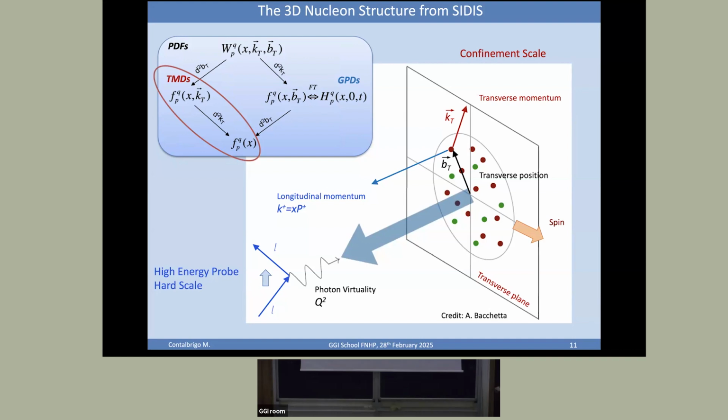This is a branch of generalization that leads to the transverse momentum dependent parton distribution functions. There is another one that correlates the X with the transverse position of the parton, that is the generalized parton distribution. I will not talk about those today. I will focus just on this one for simplicity, okay? And this is a step forward to a global description of the partons within the nucleon. Let's say it is the first step we are now trying to do.